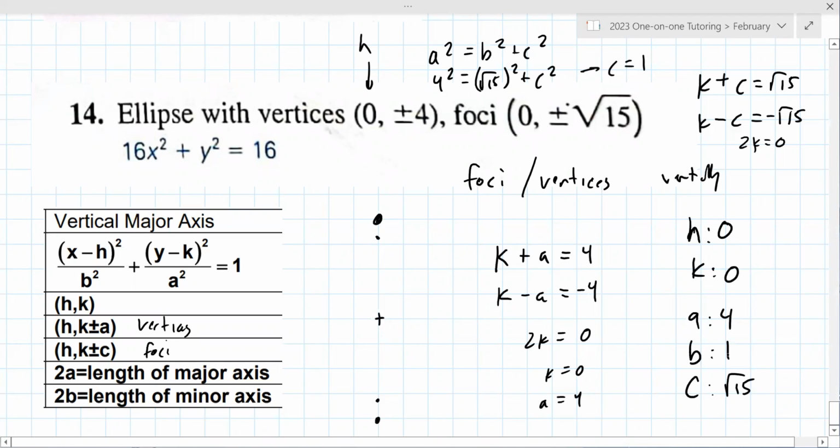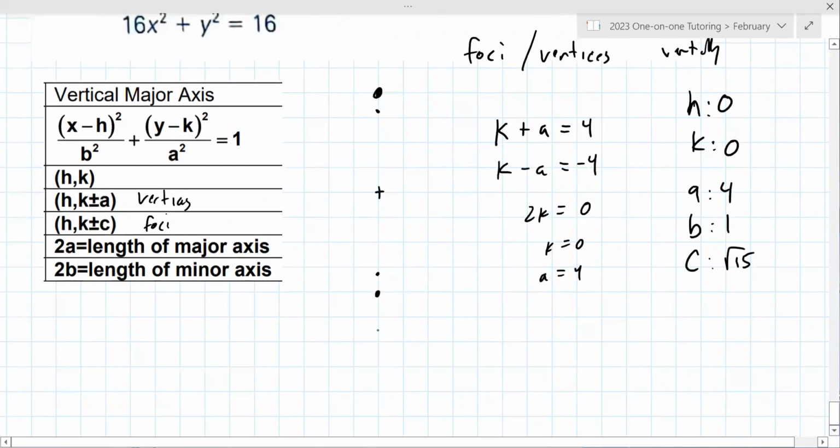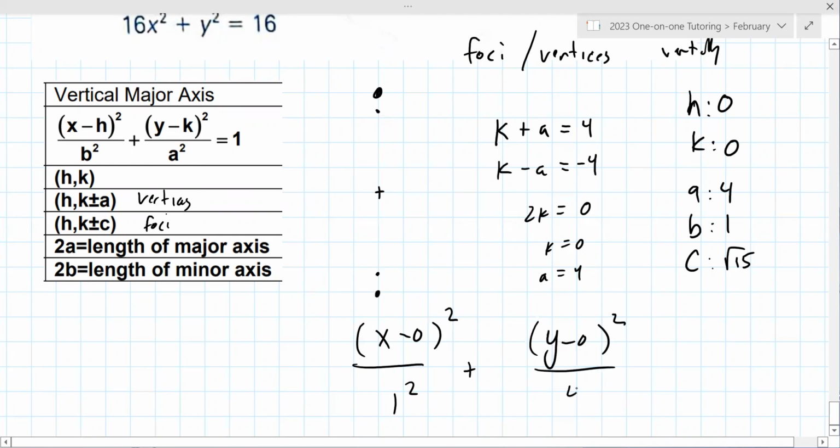And that's enough to do this. So you would write out the equation: x minus 0 squared over 1 squared plus y minus 0 squared over 4 squared equals 1.